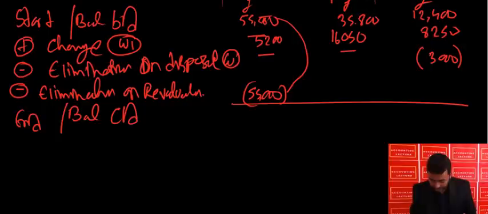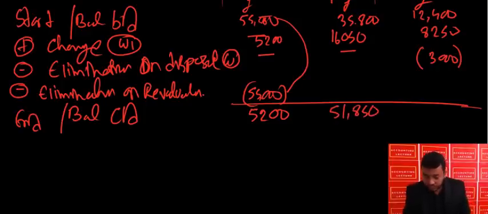Okay, so let's take my calculator and calculate it. This is easy peasy stuff. 5,200 plus 35,800 plus 16,050. You are left with 51,850. 12,400 plus 8,250 minus 3,000. You're left with 17,650.